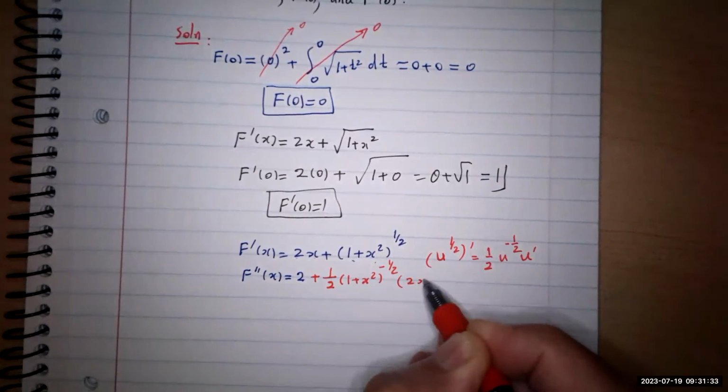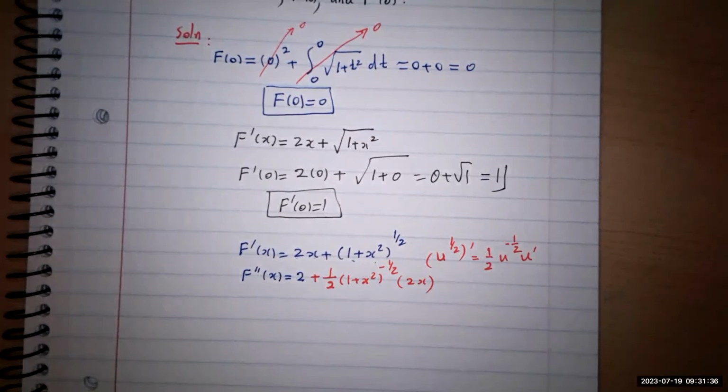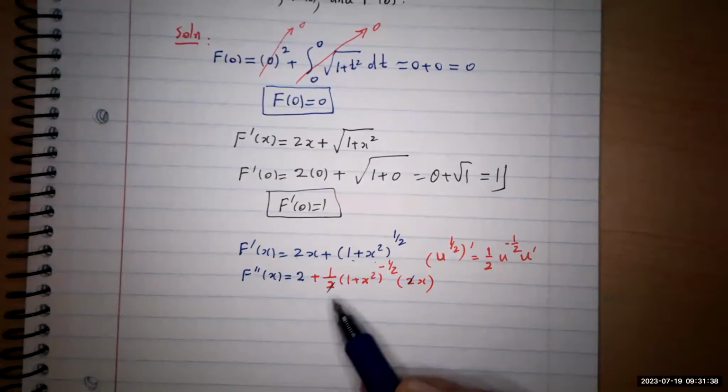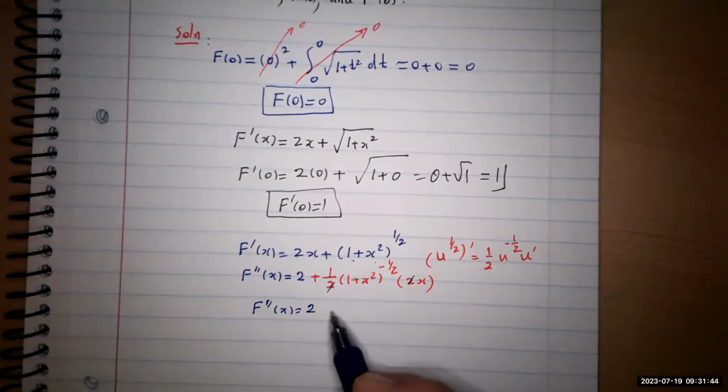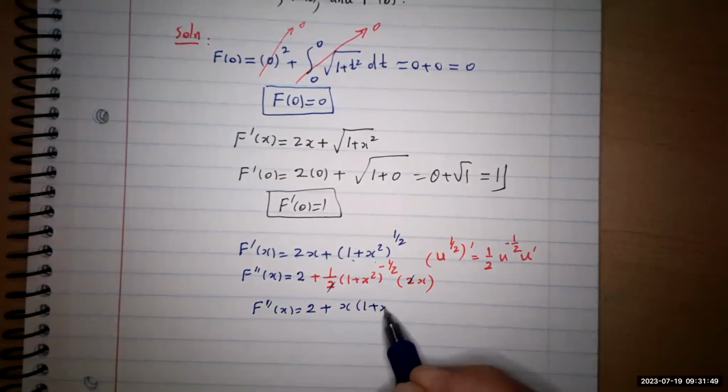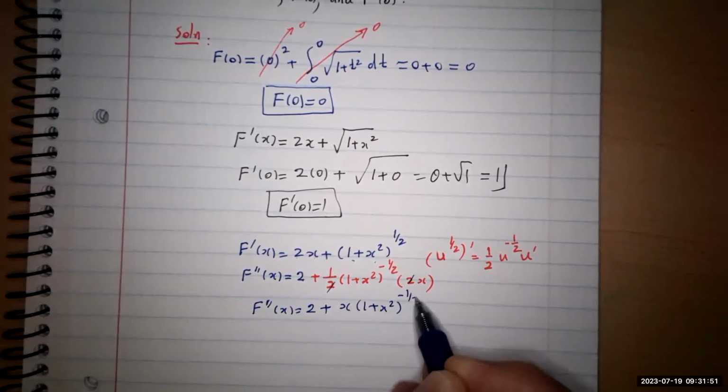U prime is 2x. We can simplify these two. So f double prime of x is going to be equal to 2 plus x times 1 plus x squared to the negative 1/2.